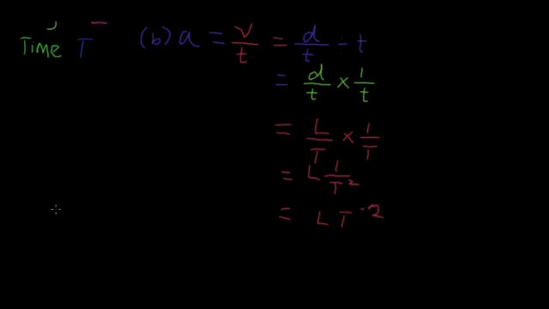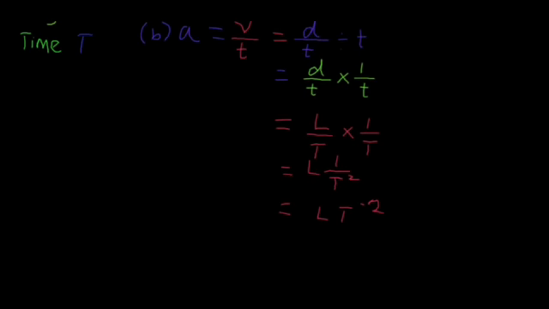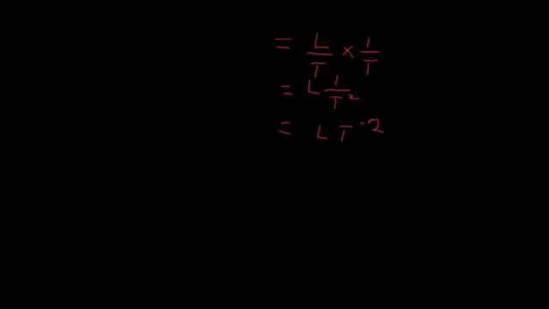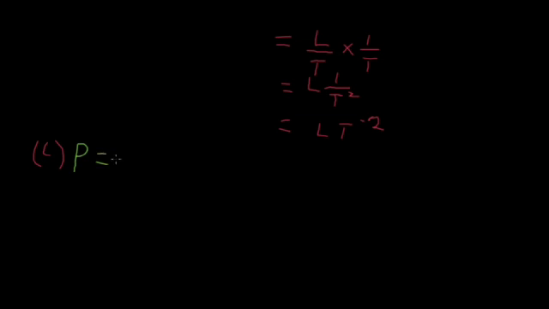Now the third one says power. Now what do you think will be the formula for power? Like I told you, before you can get any dimension, you must know the formula for what you are looking for. Power equals work done over time taken.